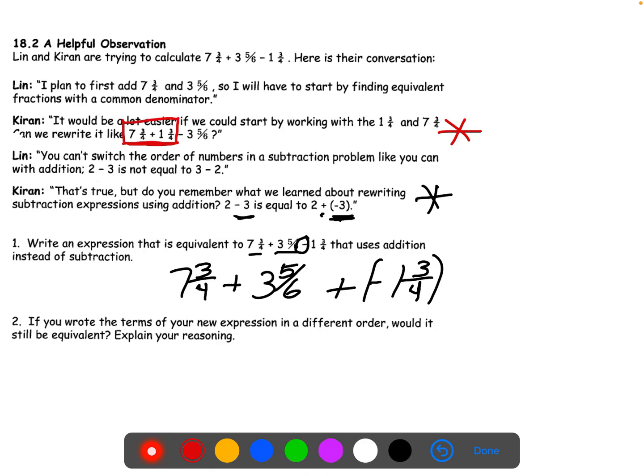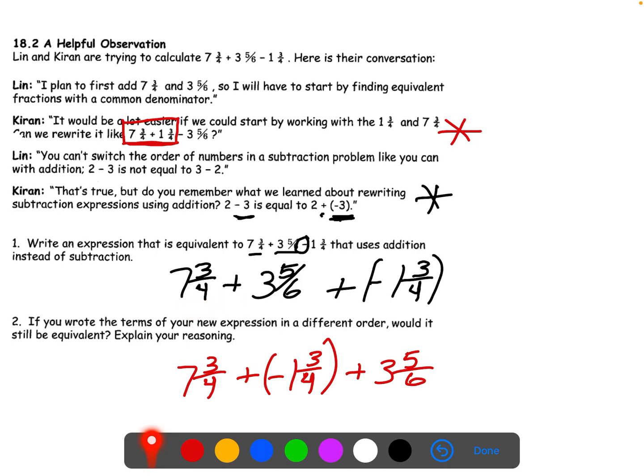So let's try that. If we take 7 3/4 plus our other 3/4 term, which is negative 1 3/4, and then we add on the 3 5/6, would that still be equivalent?